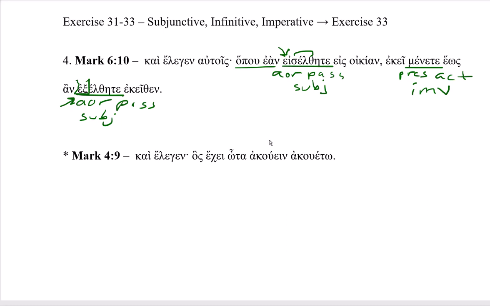We've got two forms of akouō, to hear, looking at us.